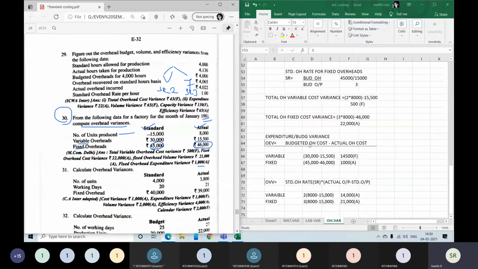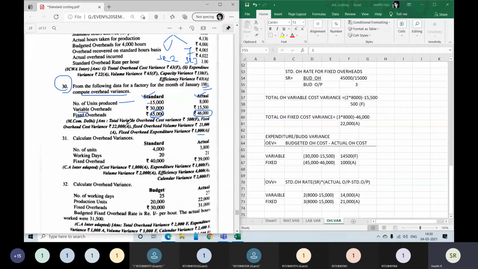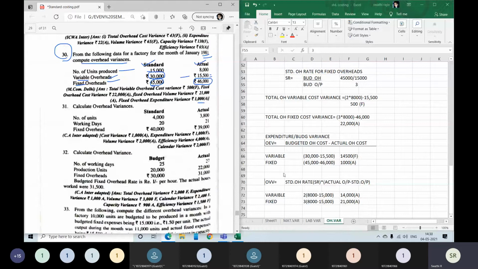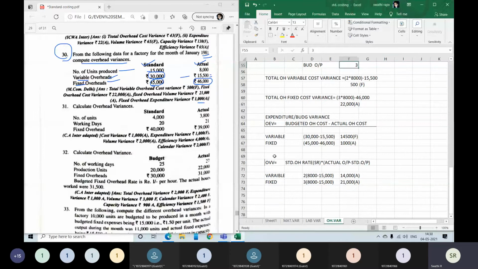Then for expenditure or budget variance, from the question itself you will know the answer, right? Because whether it is variable or fixed, it is budget minus actual, that's all you're calculating. So here we calculated for both variable as well as fixed. The next thing is the volume variance. Don't write OVV and all, just write volume variance itself.